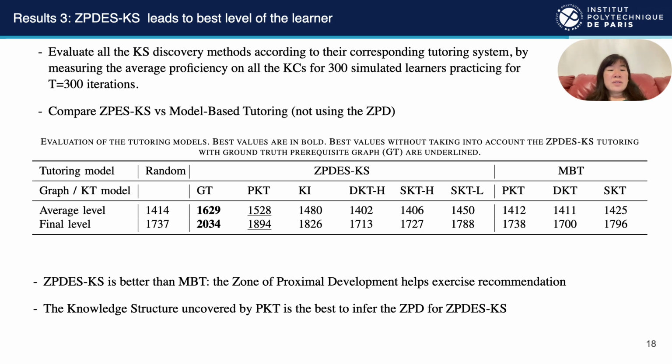This shows that ZPDES-KS is better than model-based tutoring. So the zone of proximal development helps exercise recommendations. The knowledge structure uncovered by PKT is the best to infer the ZPD for ZPDES-KS.